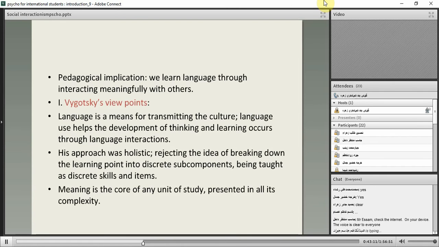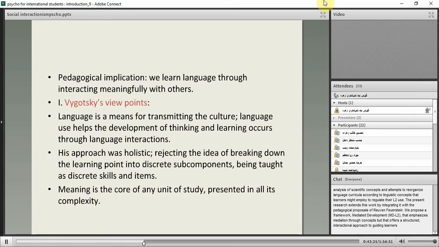These ideas were represented in two of his most influential publications, named Thought and Language and Mind in Society, right?